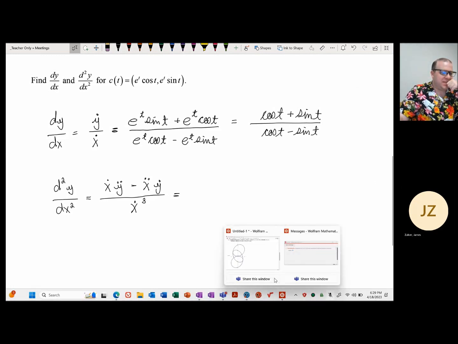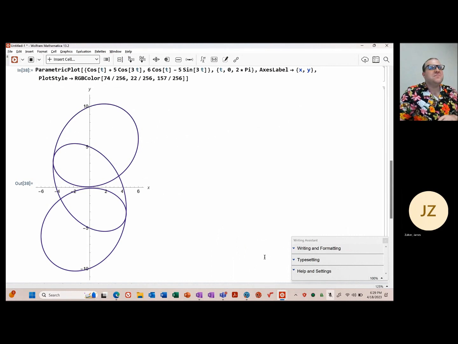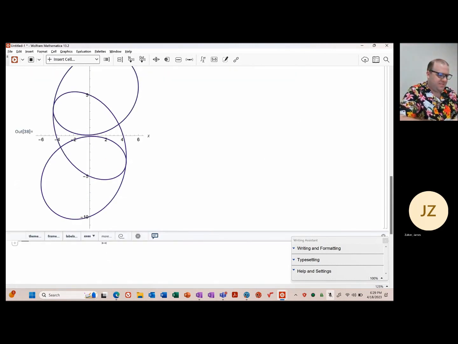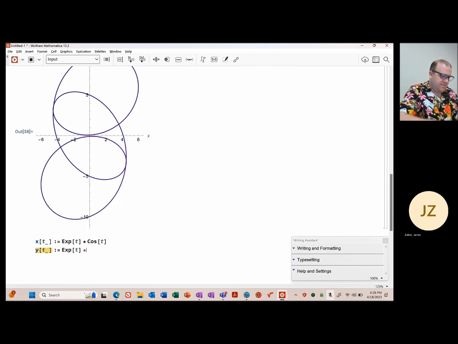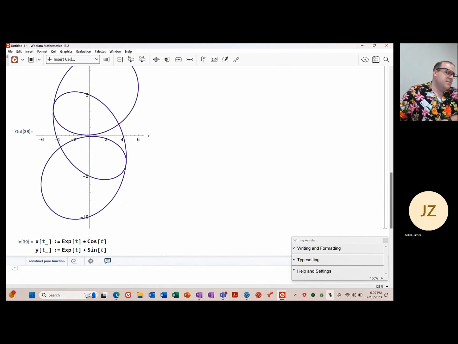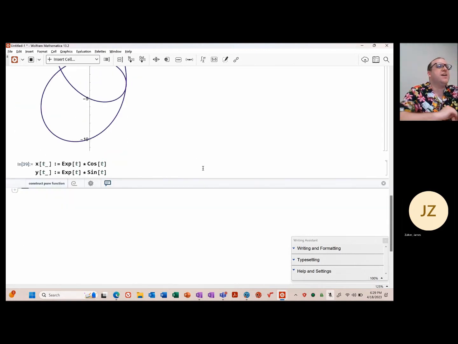But we want to be in the lowest energy state possible. I'm going to use Mathematica. I've now stored my x and my y.